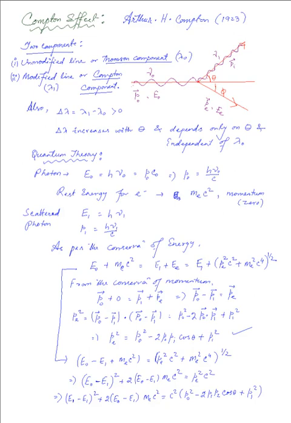Now, as far as the electron is concerned, the electron initially was at rest, supposedly a free electron present near the atom in which we are firing in the photons.